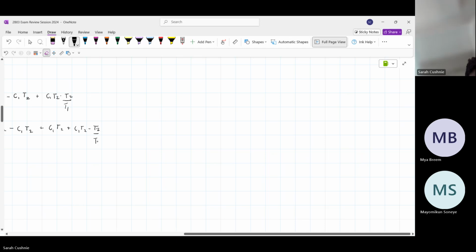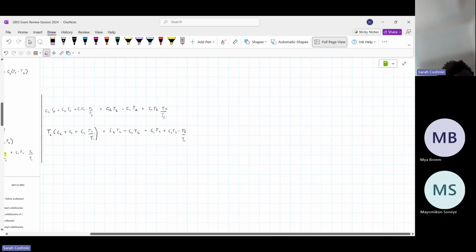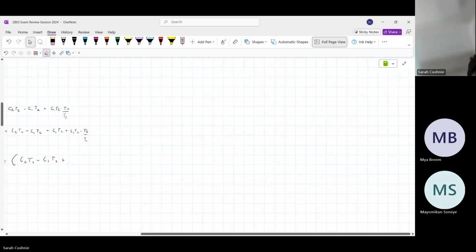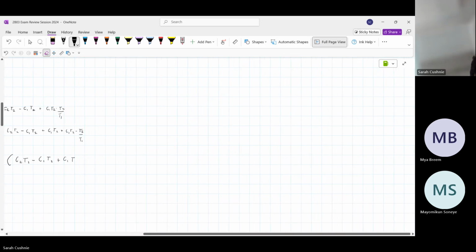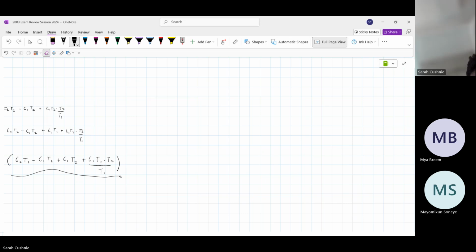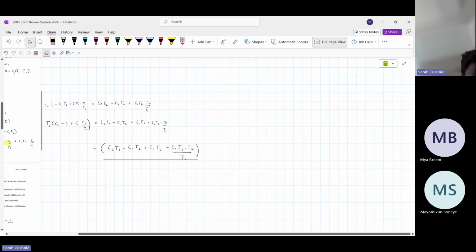So this is the equation then. Just simply divide by everything else on this side.